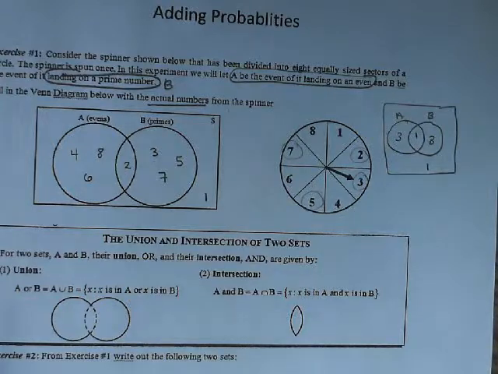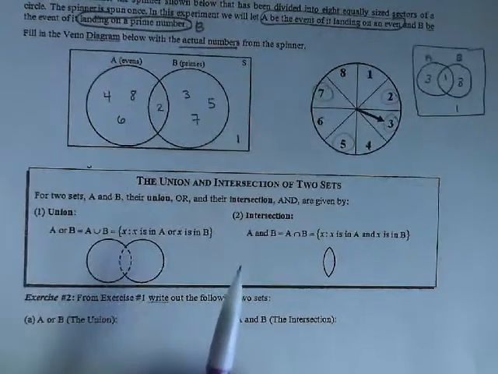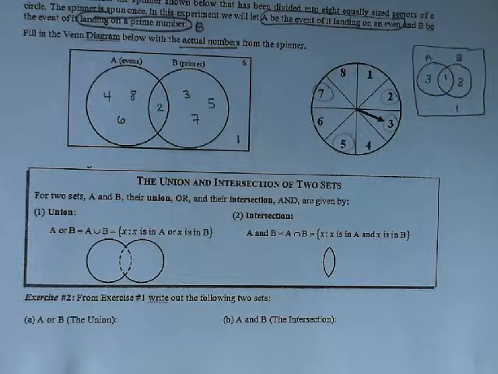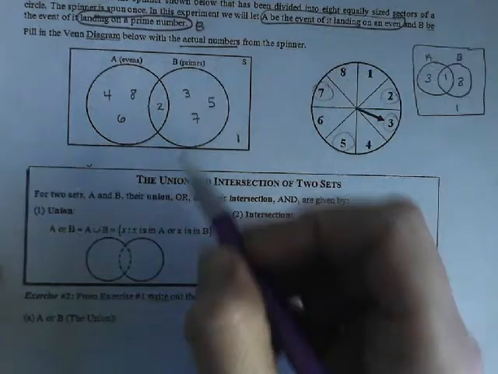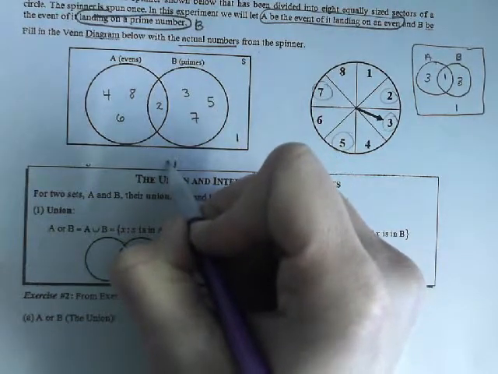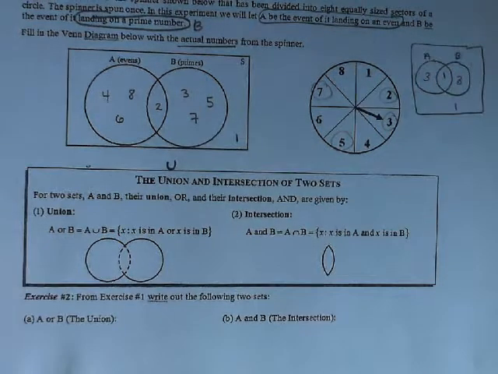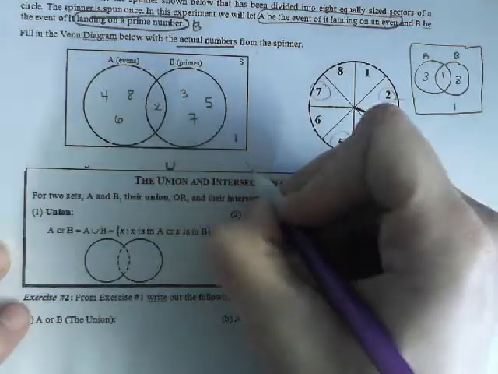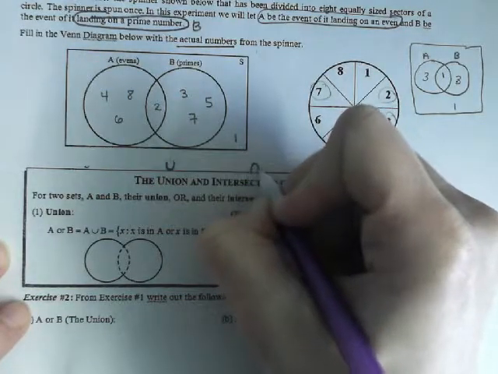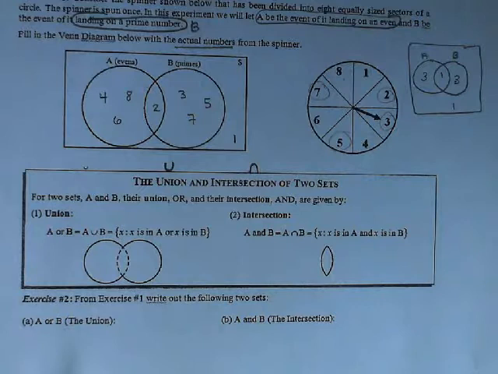Okay? Now, a little bit of notation. Union and intersection, okay? The symbol for a union looks like a U, so that's pretty straightforward. The symbol for an intersection is an upside down U. Okay?